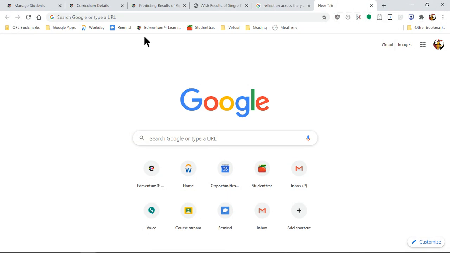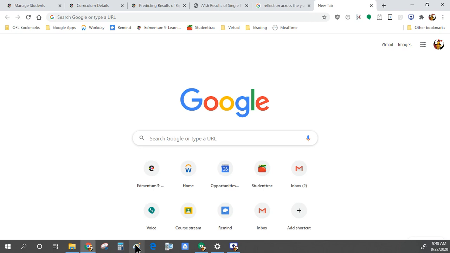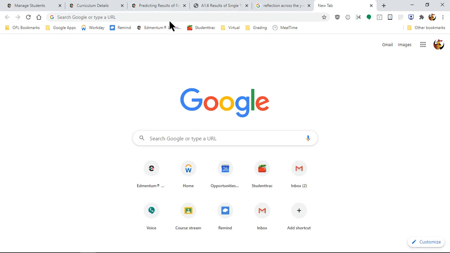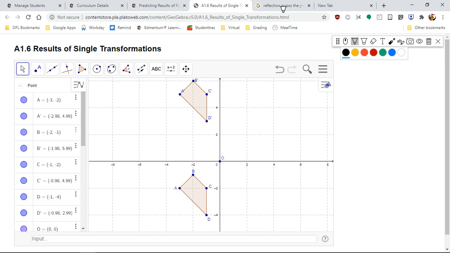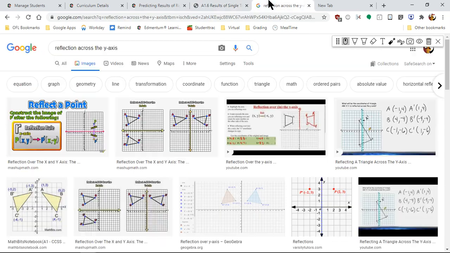Where's my track? Oh, Google. Google's very picky. It doesn't like having people write on their pages. So give me a second. I need to pick out a blank page that's not Google. What I would do is I would have your rotation rules, and then another spot that has your reflection rules, and another spot on your notes that has your translation rules.